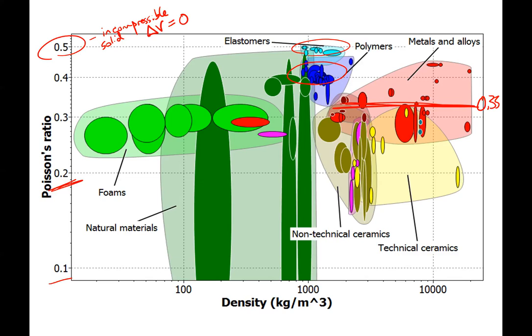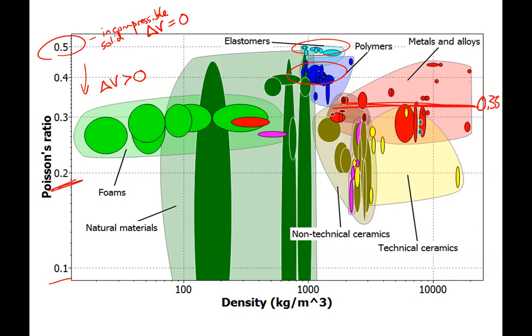A lot of biomaterials fall into this category, and our elastomers do. And then as we get below that value, the volume is increasing. So as we move this way, delta V, the change in volume, is greater than 0. We're not quite contracting as much as we are stretching.